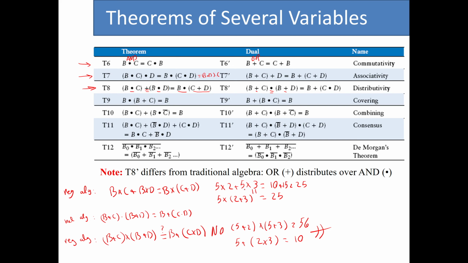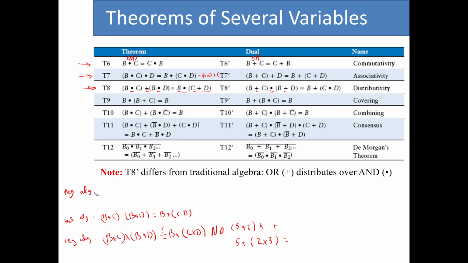Something that you can easily prove for these equations or these theorems is to use, again, the perfect induction to go from one side of the equal sign to the other side. So if I erase this, I can do it for one of them, so you have a better idea of how this thing can be done.